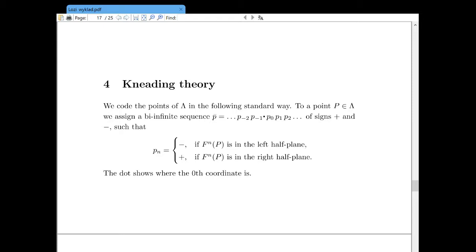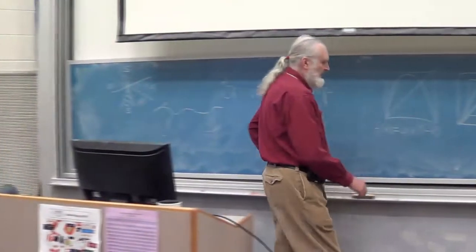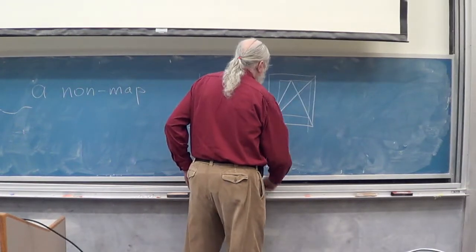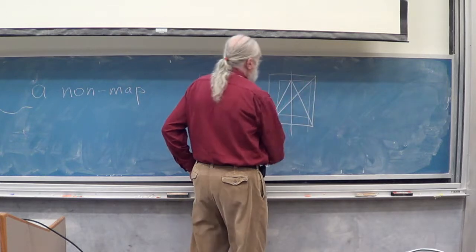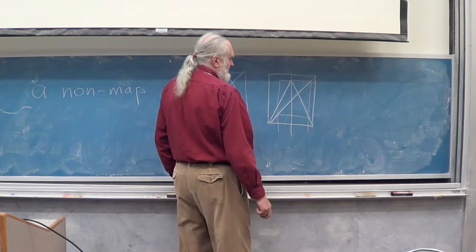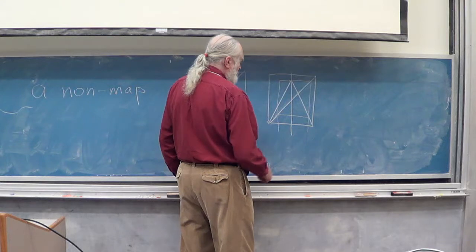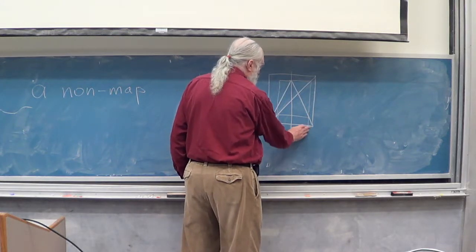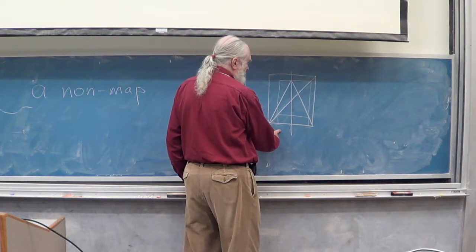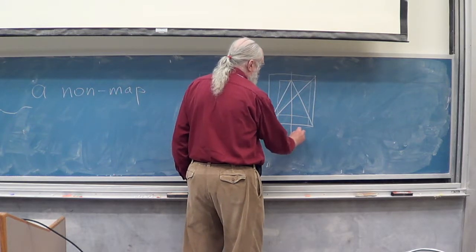Okay, so I was using the name kneading sequence. This is of course taken from the theory of maps of an interval, where for unimodal maps, for example, you just divide your interval at the turning point, or critical point if you prefer that name, and say this is one piece, this is minus, this is plus.